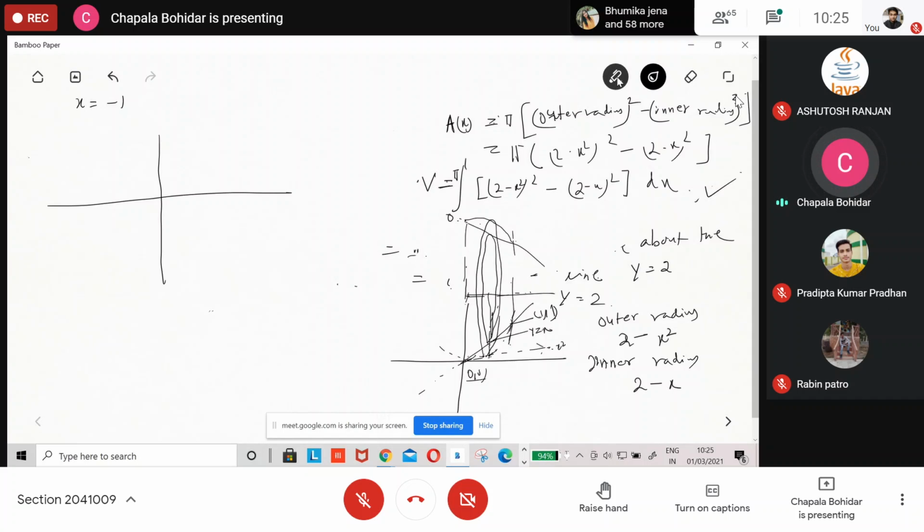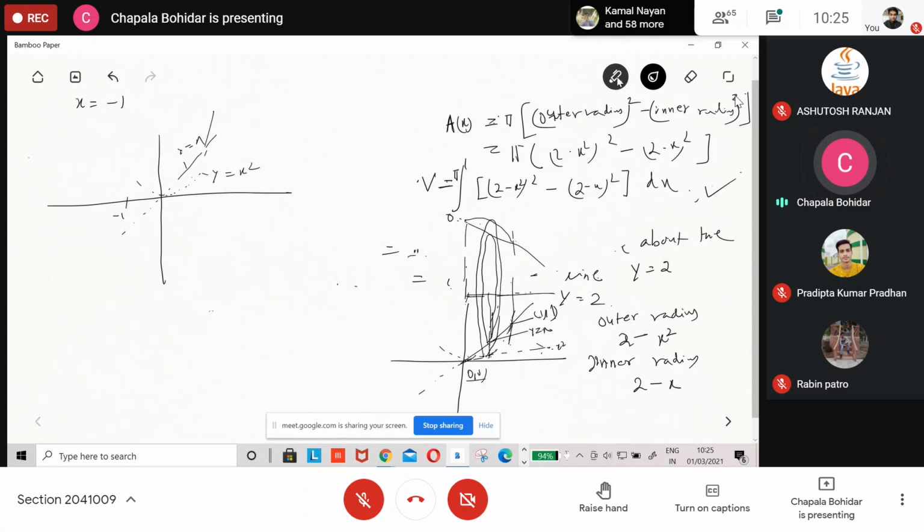The figure is your x square. So it is y is equal to x square, y is equal to x, about the line x is equal to minus 1.